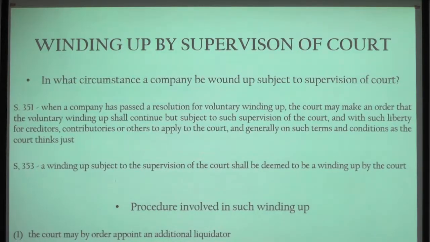Under section 351, when a company has passed a resolution for voluntary winding up, the court may make an order that such voluntary winding up shall continue, but subject to such supervision of the court and with such liberty for creditors, contributories and others to apply to the court in case of any mishandling of the affairs, perhaps, and generally on such terms and conditions as the court thinks fit.